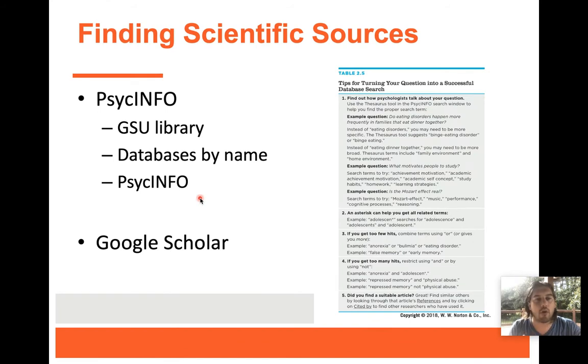Now, where do you go to find these scientific sources? Unfortunately, much of our scientific information and publications are behind publisher paywalls. There are a few large, major for-profit publishers that manage much of scientific publishing.